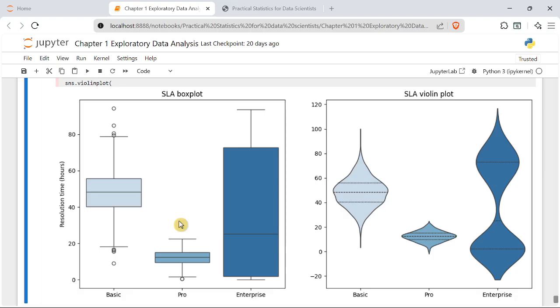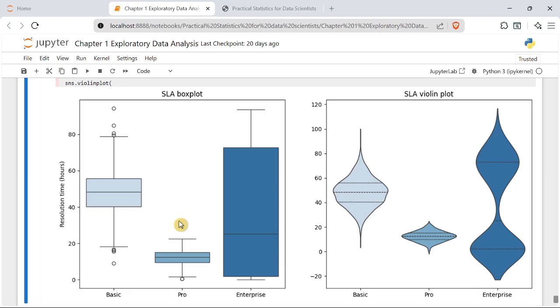If we present the standard box plot on the left to our executive team, it tells a highly misleading story. It makes the enterprise tier look like it has one massive continuous spread with a median resolution time sitting somewhere in the middle.